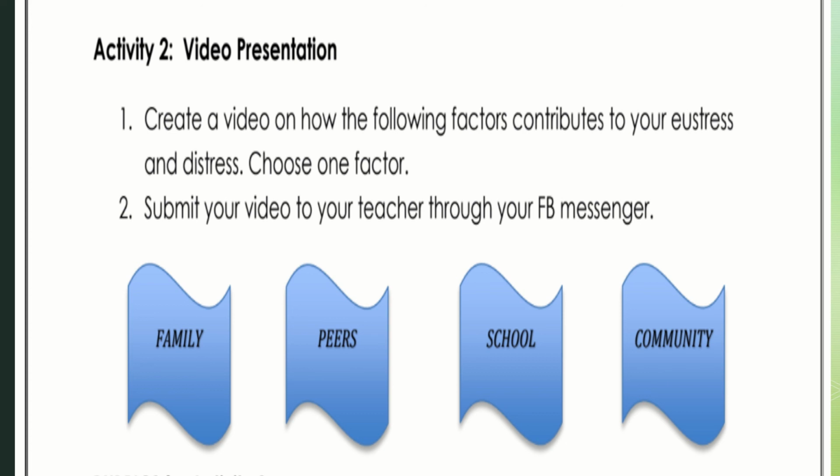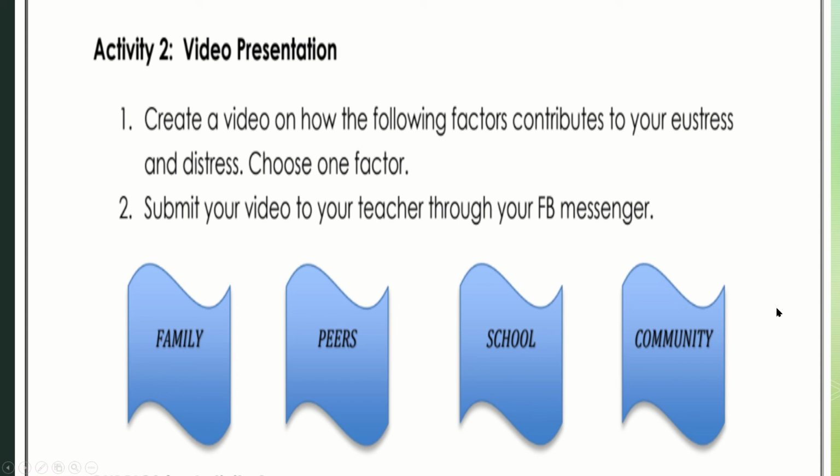Let's say for example, you choose your family. You are going to create a video on how your family contributes to your eustress and to your distress. A short video is already accepted. Just submit your video on my FB Messenger.